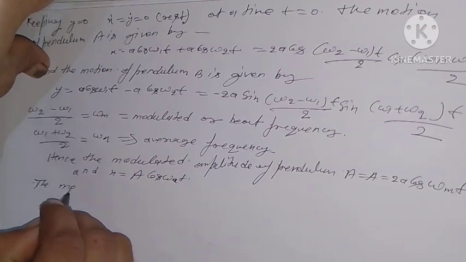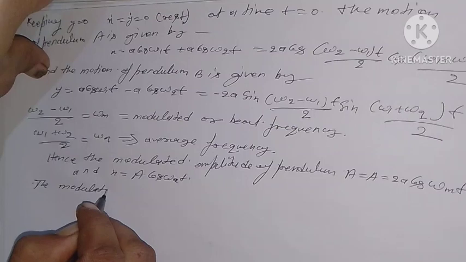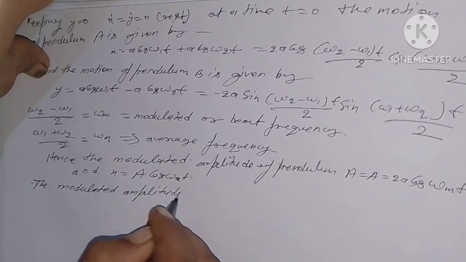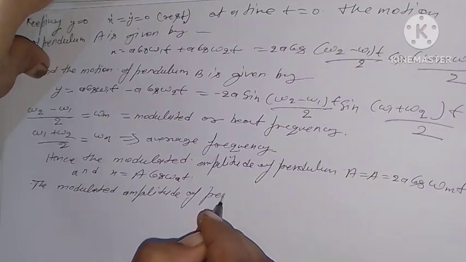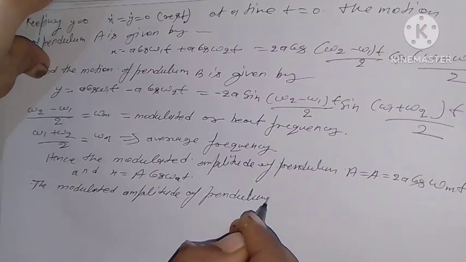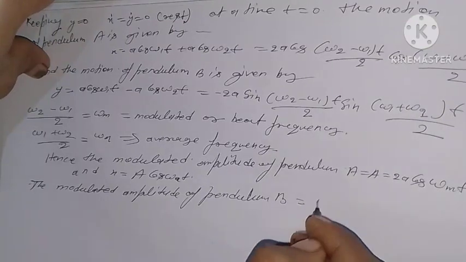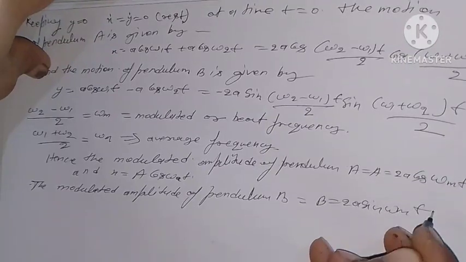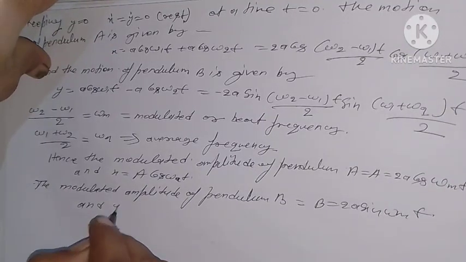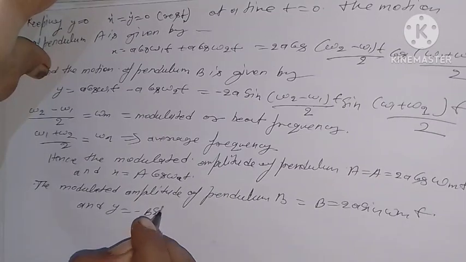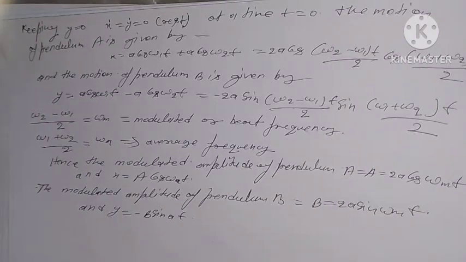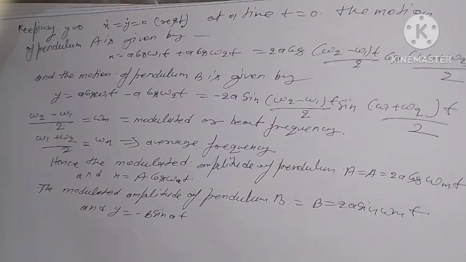equals 2a sin omega m t, and y equals minus b sin omega a t.